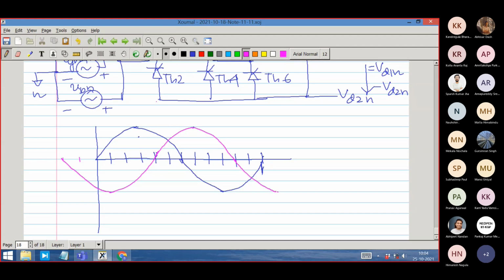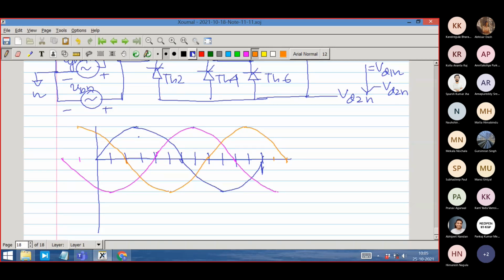So the third one, let us take another color. So these are the three-phase line to neutral waveforms.